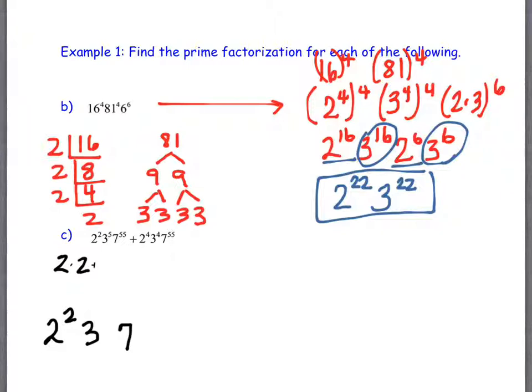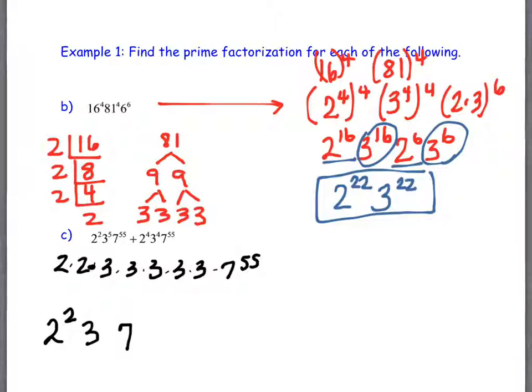If it helps you, you could write out how many they have of these things, though at some point you're going to stop because I don't think you want to write 7 out 55 times. So this is the first one, and then we have that 7 to the 55. There's only 2 2's in this one, and there's 4 2's over here. We're going to fix the fact that that's not all of them in a minute. We're just looking for right now what they have in common.